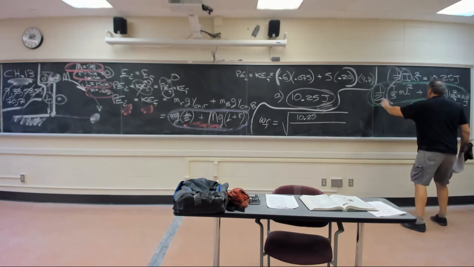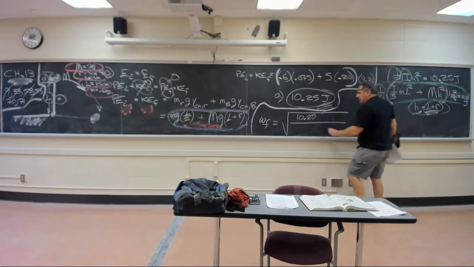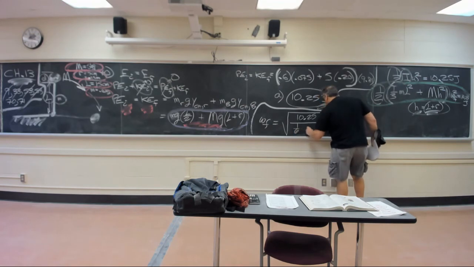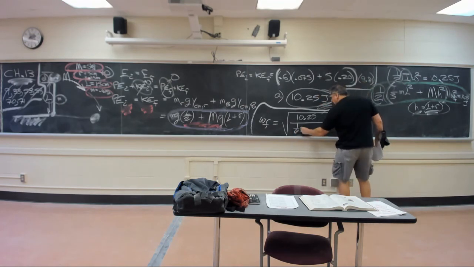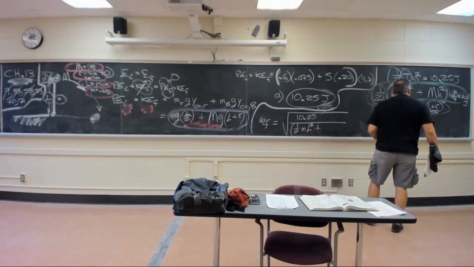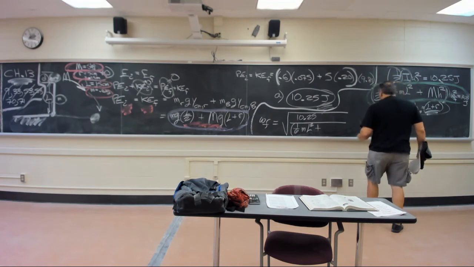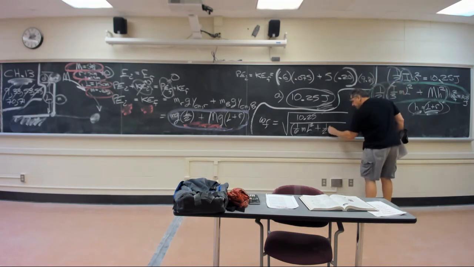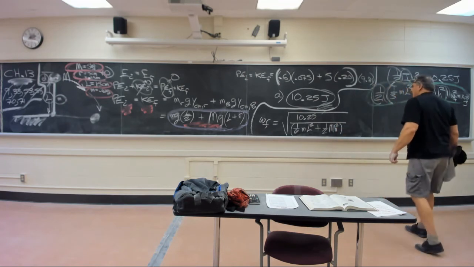This whole thing, remember now, you got to go half all the way in there. This is 1/6 small m L squared plus 1/2, etc., etc.